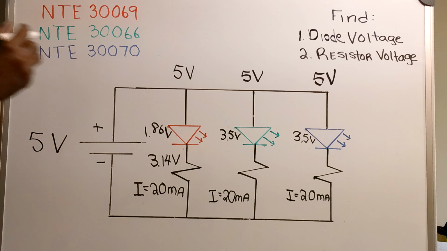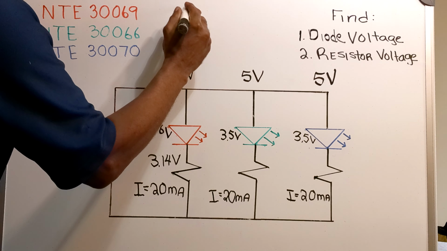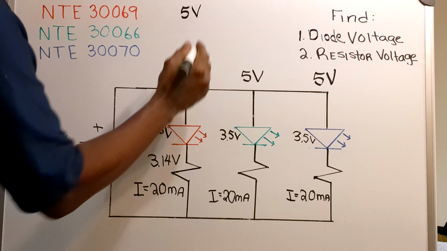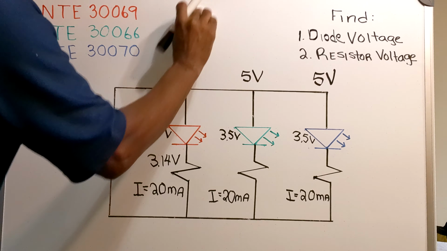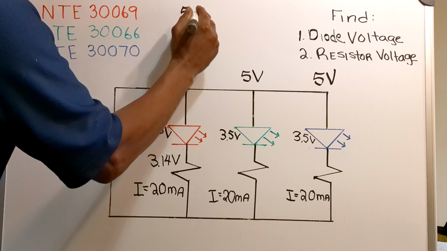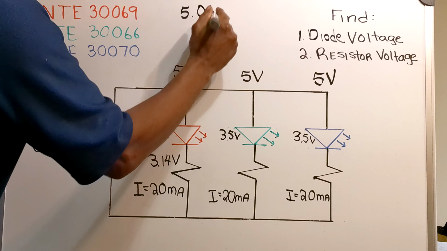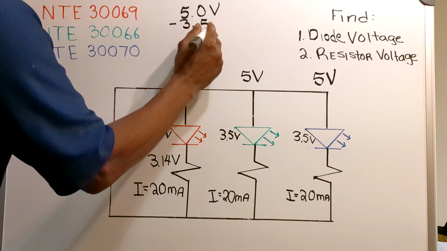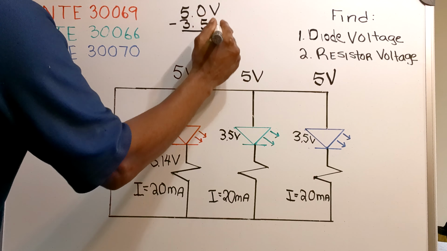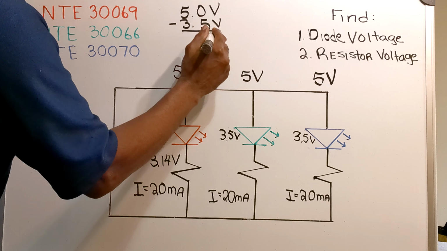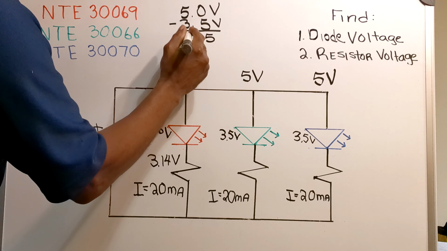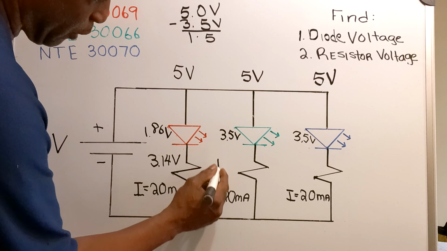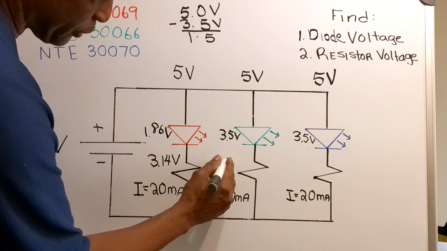And for branch number 2, 5 volts minus 3.5 volts, that will give you 1.5 volts across the resistor.